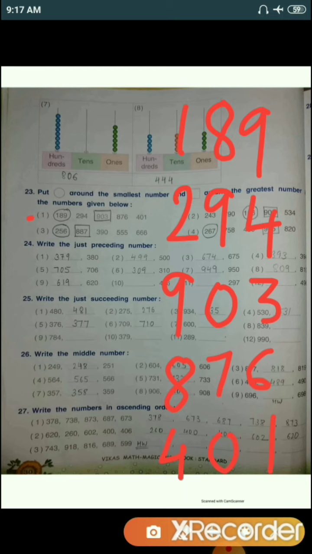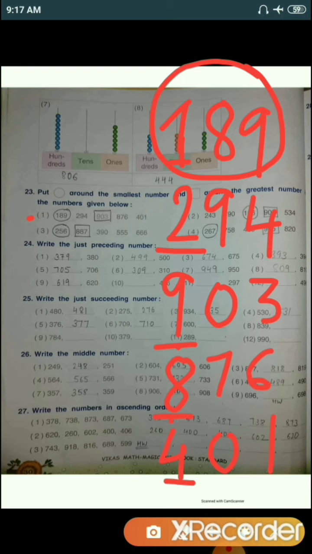So we are going to concentrate on the first digit of these numbers. Now tell me which one is the smallest digit, 1, 2, 9, 8 or 4. So everyone knows that 1 is the smallest of these digits. So this one is our smallest number.